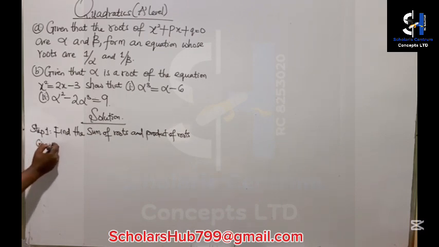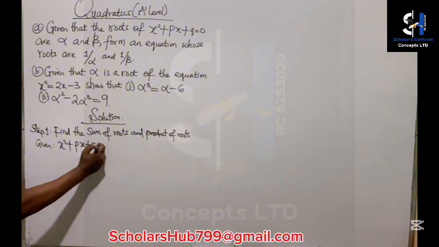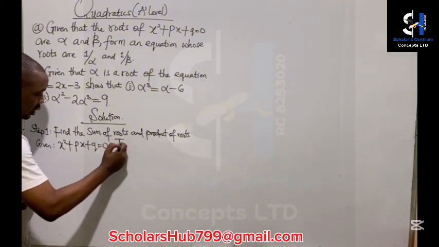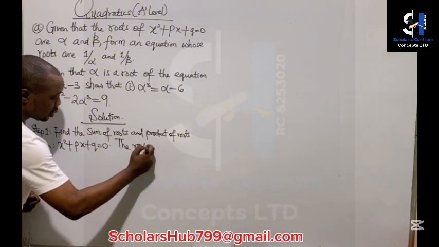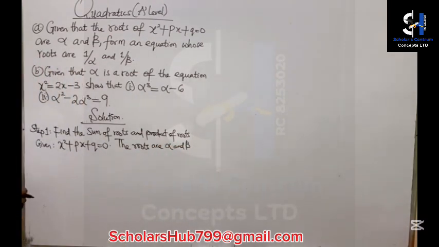The given equation is x squared plus px plus q equals 0, and the roots are alpha and beta.